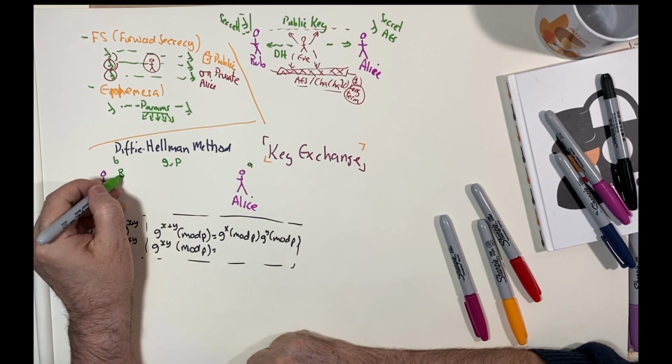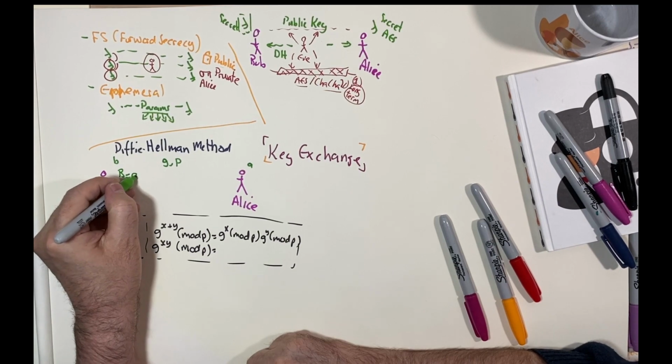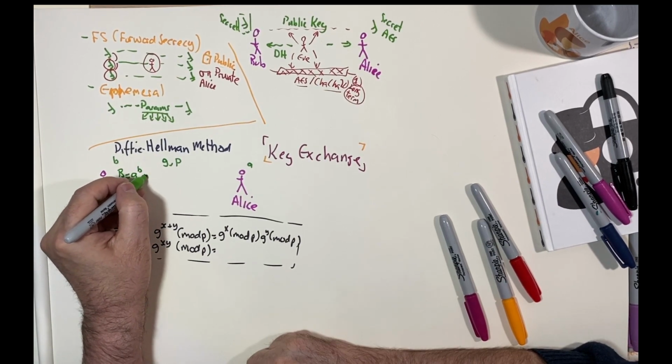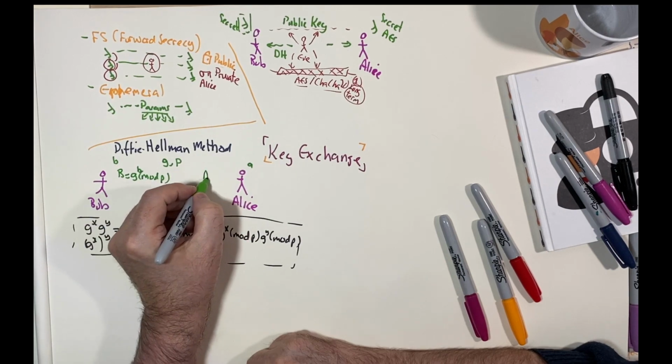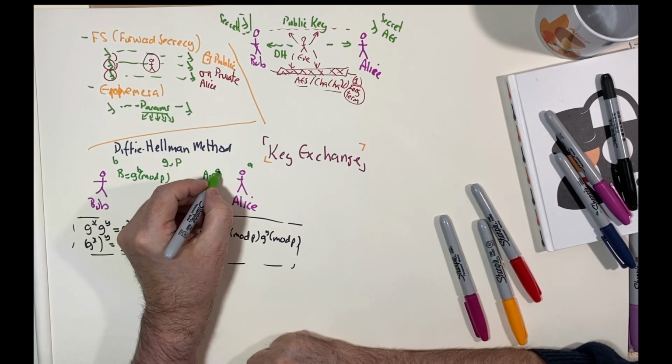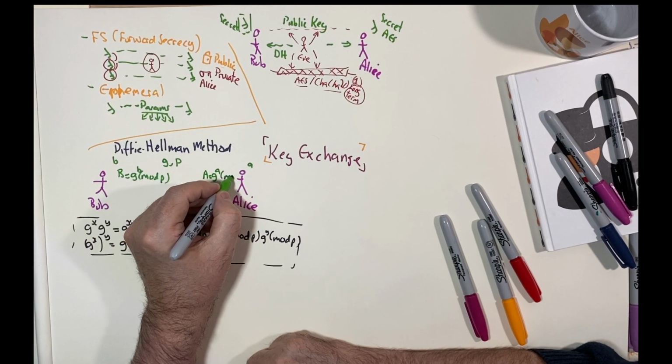So then Bob will calculate G to the power of b mod P. And then Alice will calculate G to the power of a mod P.